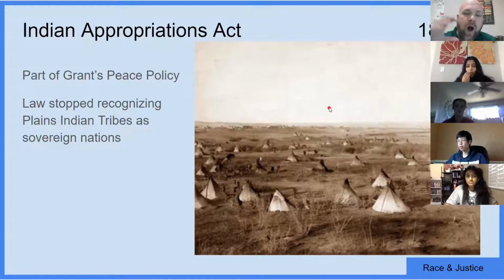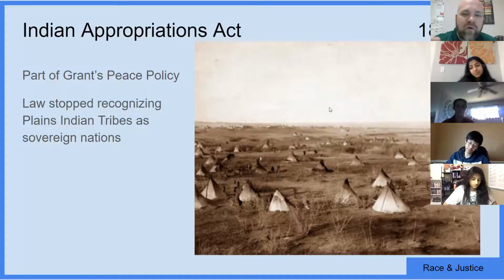Okay. On the AP exam, AP loves asking this question, right? How did American military policies towards Native Americans change after the 1870s? That is one of the most common questions on the test. It's on almost every year, right? It's a very, very common question.